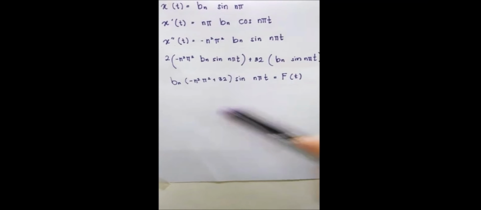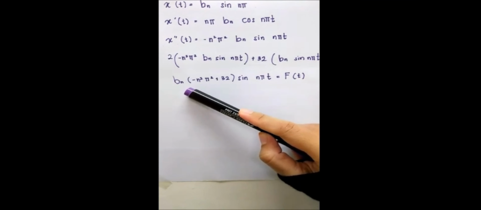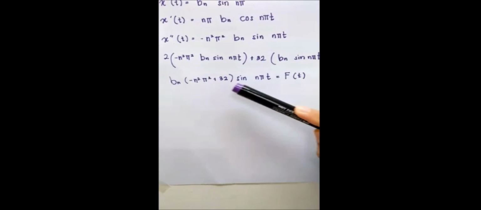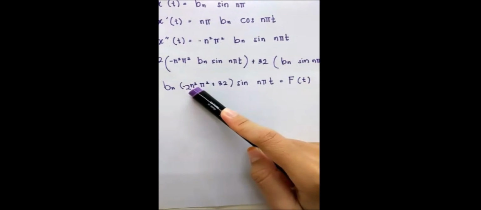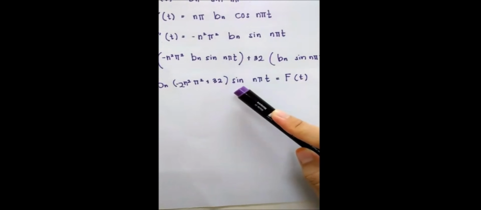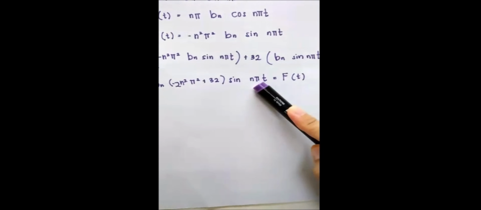We have to factorize this to get the simple equation like this: Bn multiplied by negative 2n squared π squared plus 32, multiplied by sin(nπt), equals f(t).